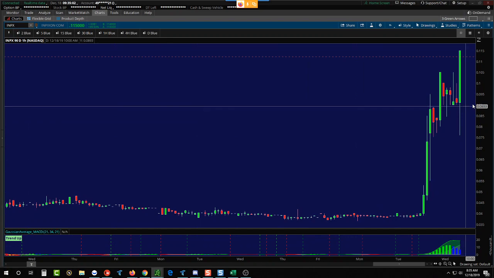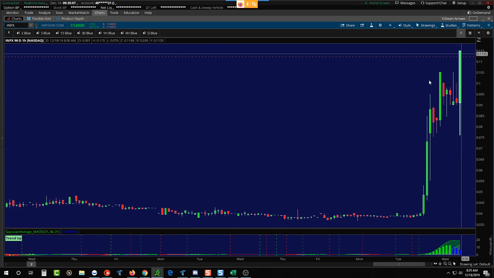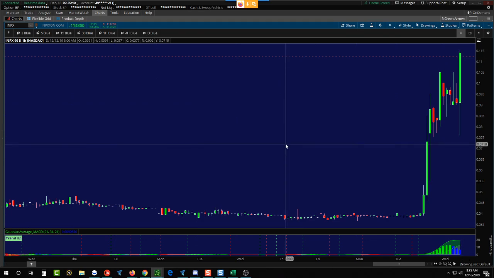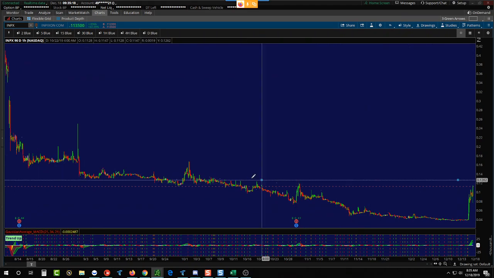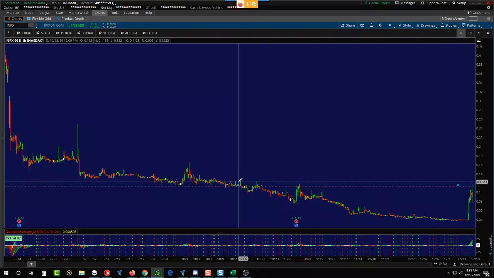So it went from 9 pennies to 11.5 of a penny. There is some resistance overhead. I don't know what is causing this to spike, but I would be very careful at that 12 penny mark.